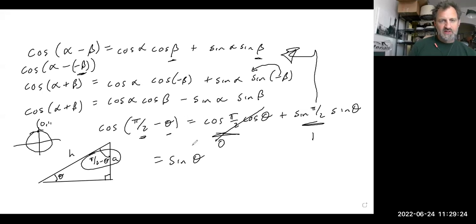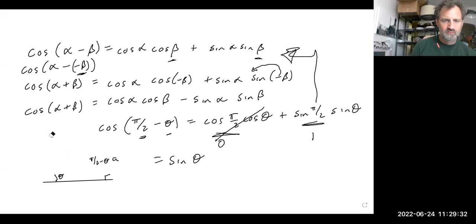So now we're going to do a little bit of trickery here. Let's see if we can derive sine sum or difference. So first of all, let's start with turning this around.